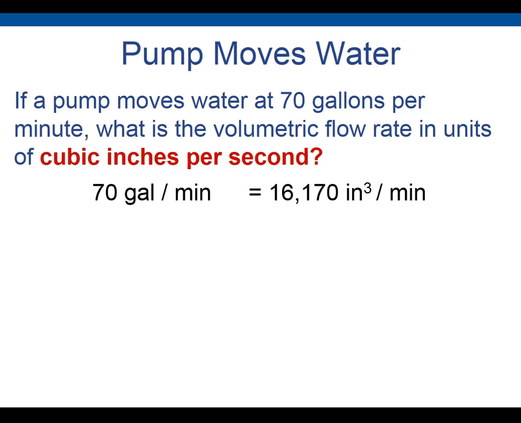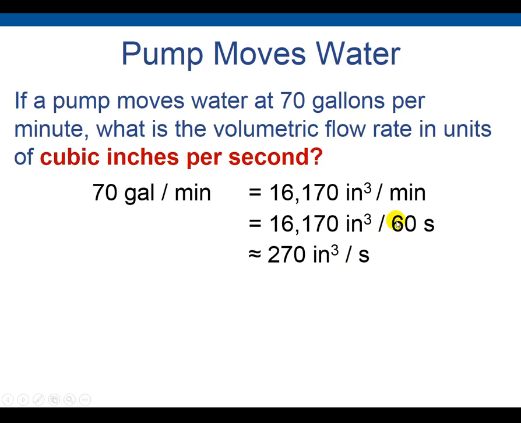70 gallons is equal to 16,170 cubic inches. And we also want to convert minutes to seconds, right? So 1 minute is 60 seconds, so we can just divide it.